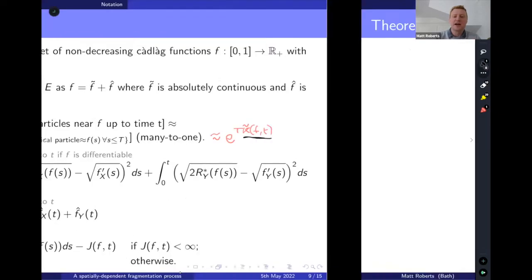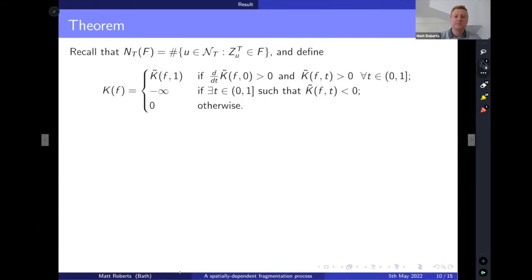Instead, we have to look at this thing k. So k is just k tilde if k tilde stays positive all the way, and it's minus infinity if there's ever a time such that k tilde goes negative.